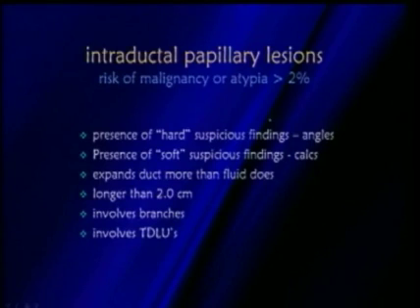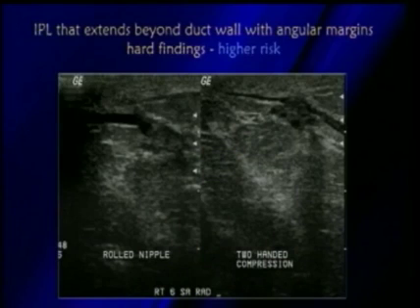Anytime you have the soft findings, such as calcifications. If the intraductal papillary lesion expands the duct more than the amount of fluid does, anytime the lesion is longer than 2 centimeters, if it involves any type of branching, or anytime it involves the terminal ductal lobular unit. All of these are at greater risk and definitely should be biopsied.